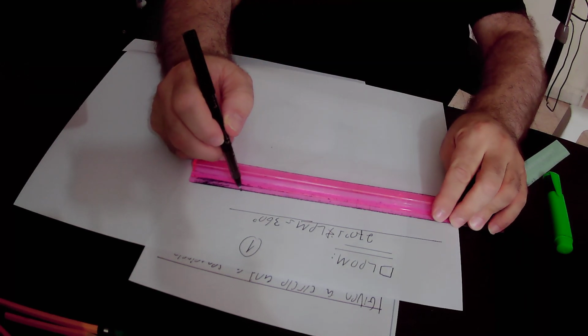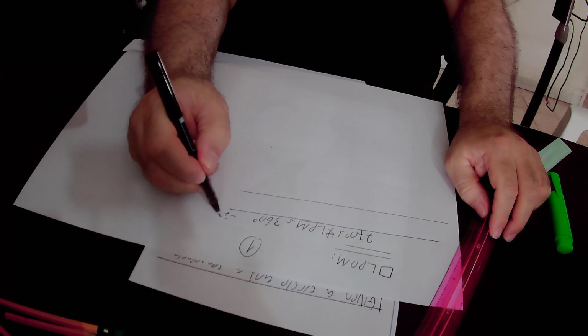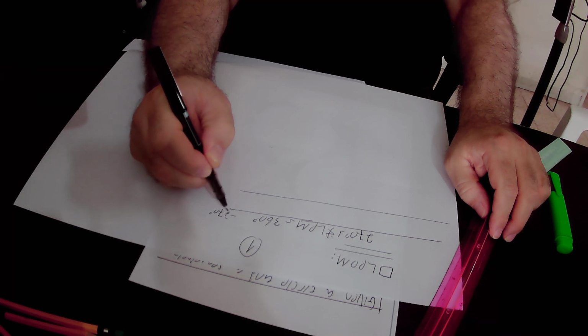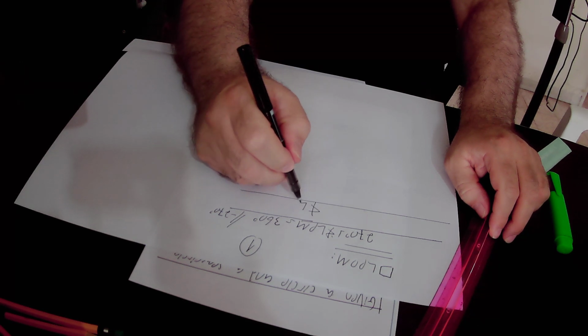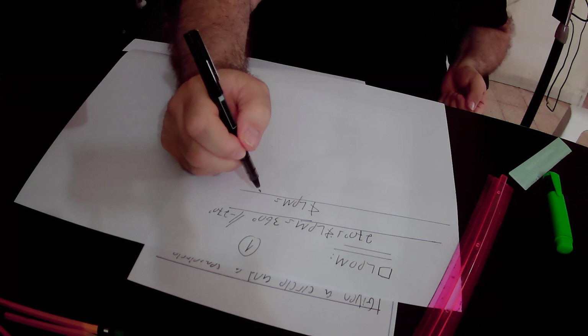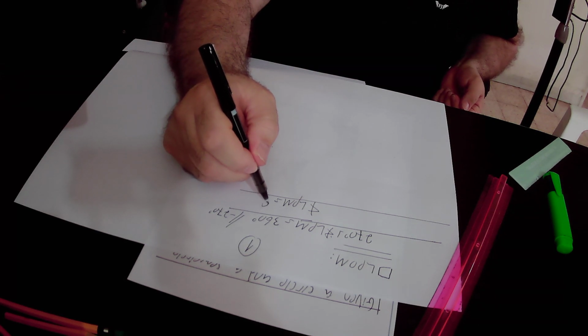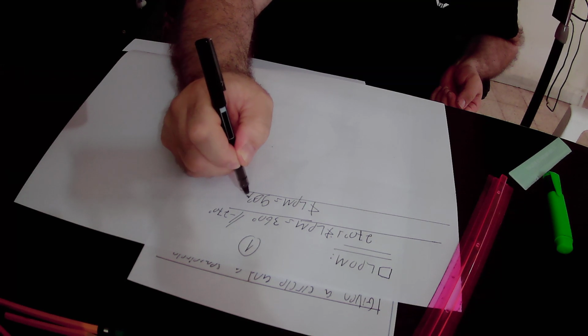So here we subtract 270 degrees from this equation, and we'll get that the missing angle LPM is equal to 360 degrees minus 270 degrees. It is equal to 90 degrees. Okay.